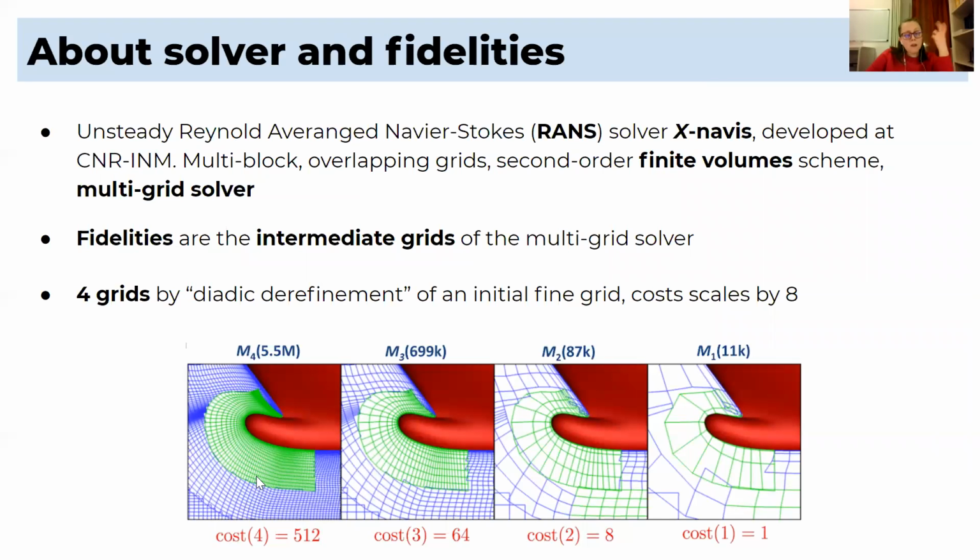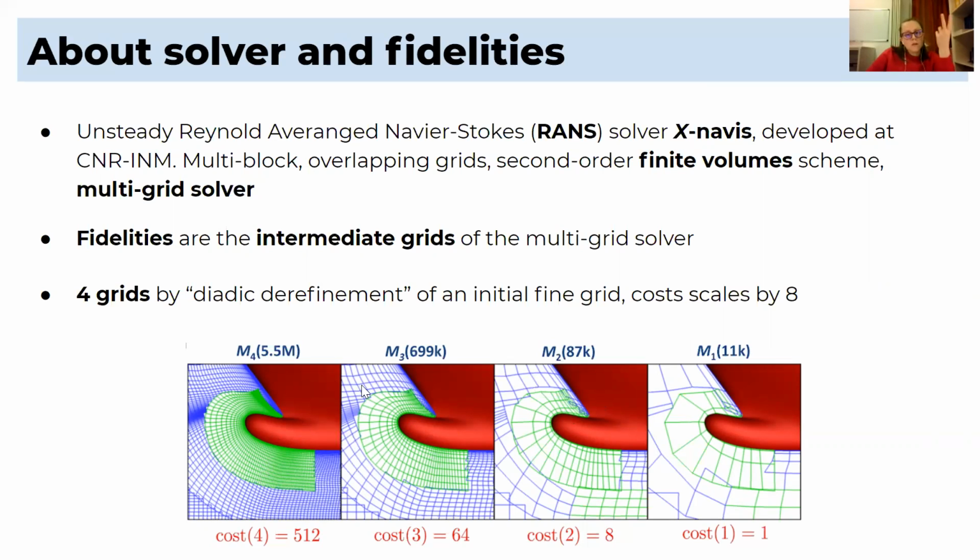Each next grid is obtained by a de-refinement where we have a factor of 2 in every direction. So basically we combine together 8 elements here, and then we go there, and then 8 elements again. So there is a factor of 8 which scales going from one grid to the next de-refined grid.